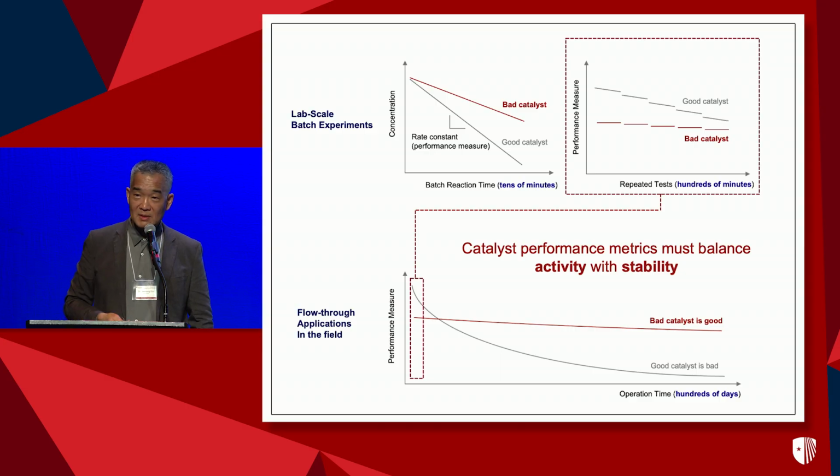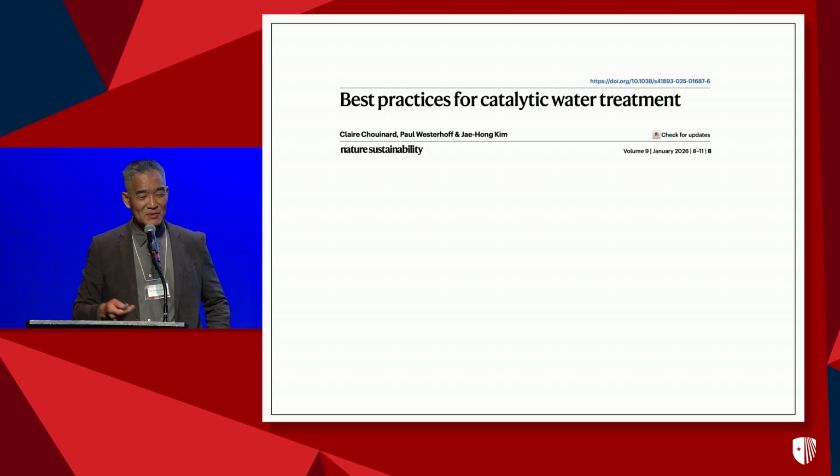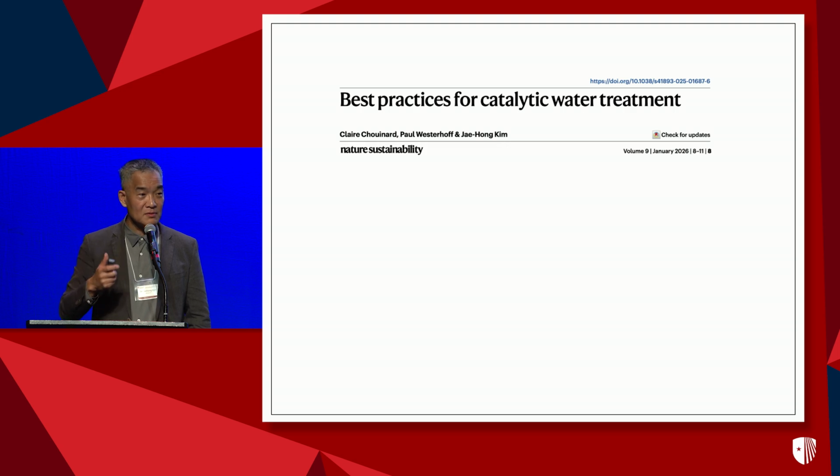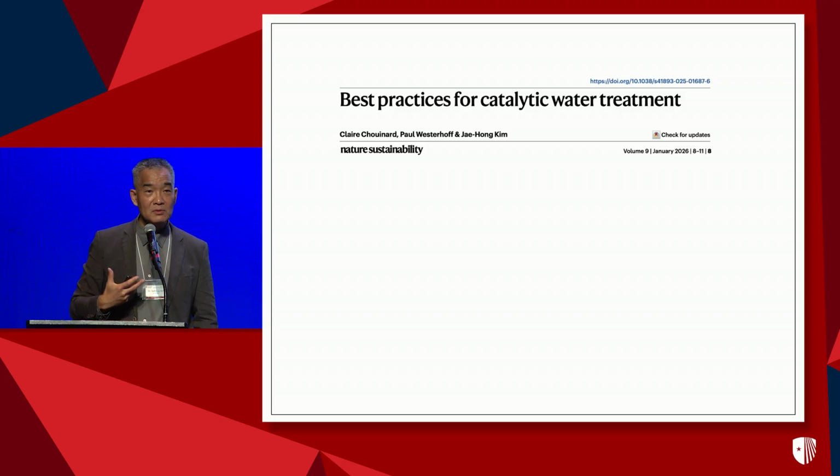So I'm concluding my presentation, so you may ask me, what do we do? There are a few things to do, so I just put a paper there. It just got published in Nature Sustainability, Best Practices for Catalytic Water Treatment. You can take a photo and you can read that paper, which is very short. We have put a lot of thought into how academic research should change in order to really develop something that is useful to the real world, not just for the sake of publication.